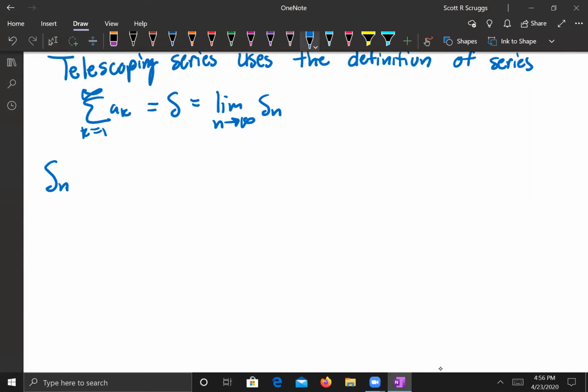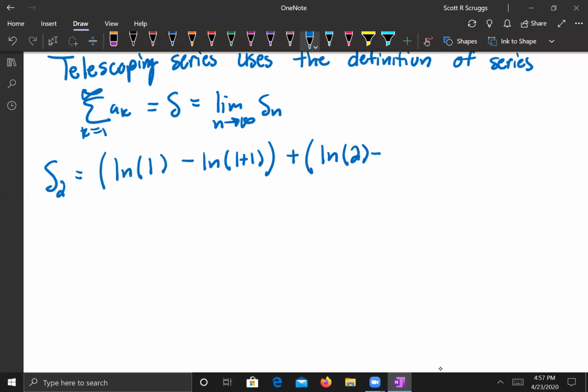Before we do that, let's extrapolate a little bit, and say we start off with the second partial sum, the sum from i equals 1 to 2. When i equals 1, I get natural log of 1 minus natural log of 1 plus 1, plus, when i equals 2, natural log of 2 minus natural log of 3.